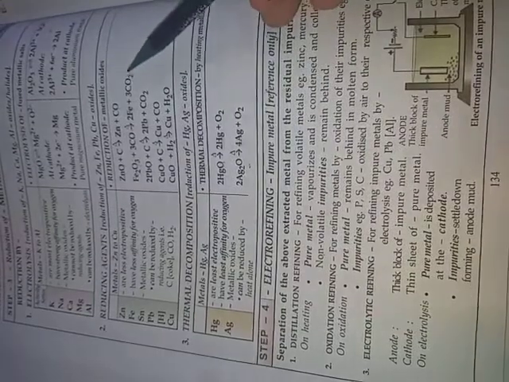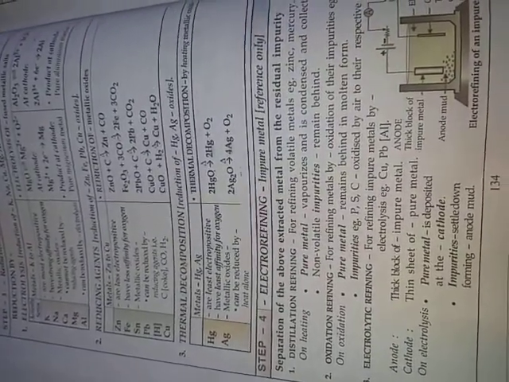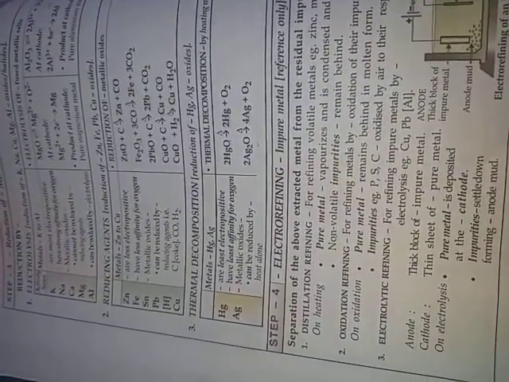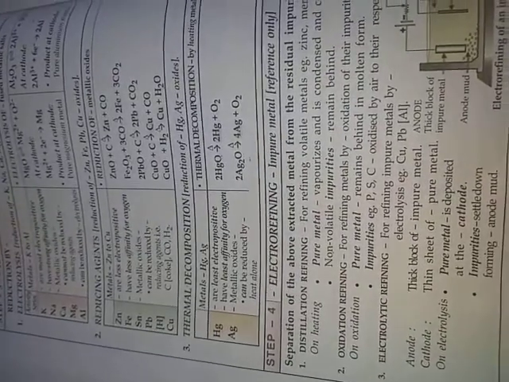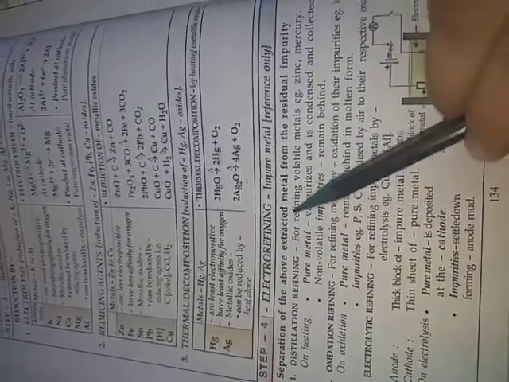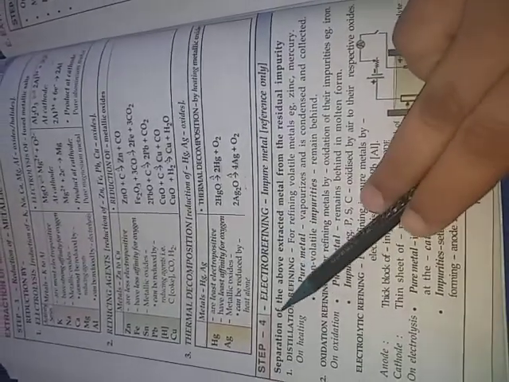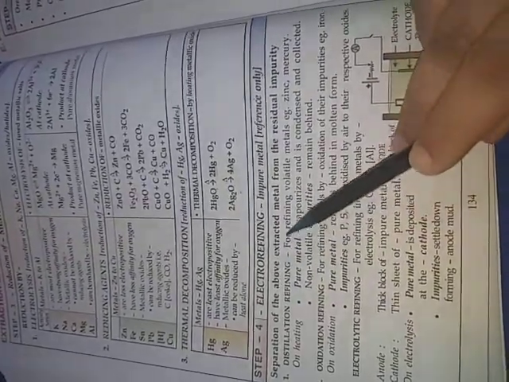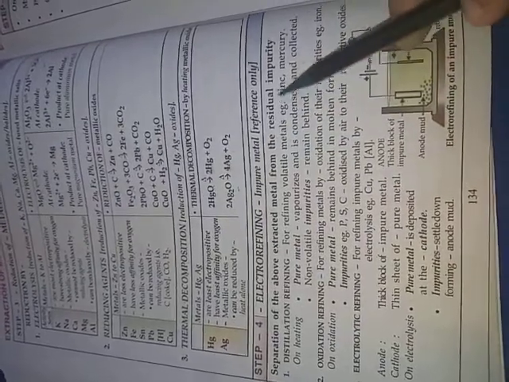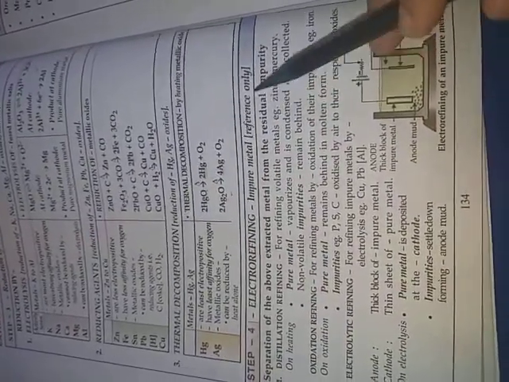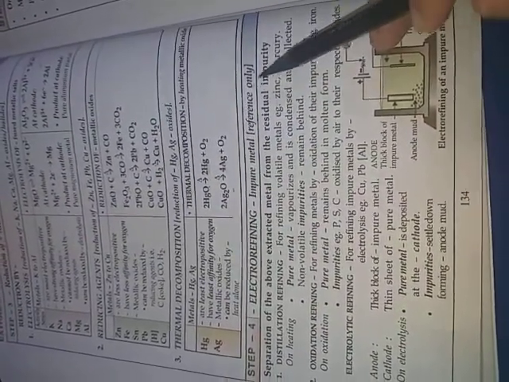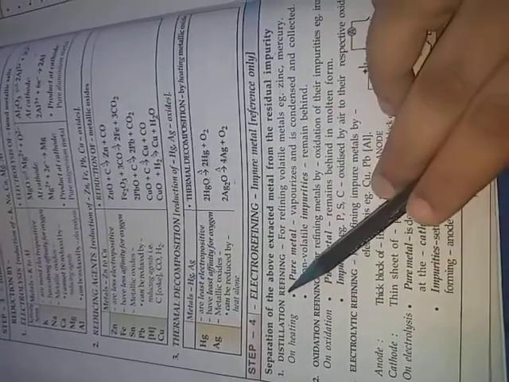The metals we have obtained here are fairly pure, but if they still have any impurity in them, we can refine them. This is the separation of the extracted metal from residual impurities, if any are left.